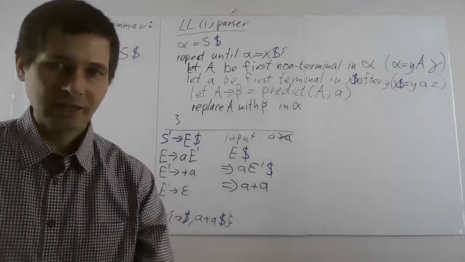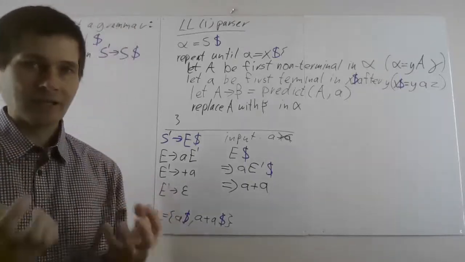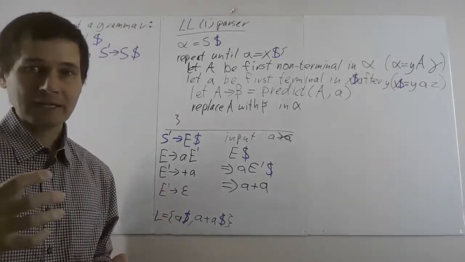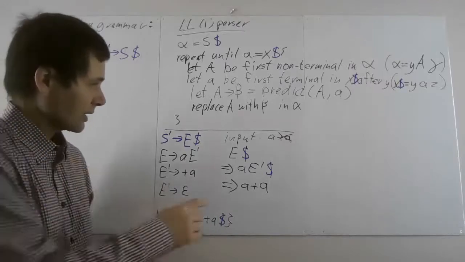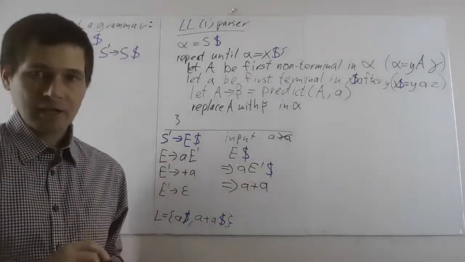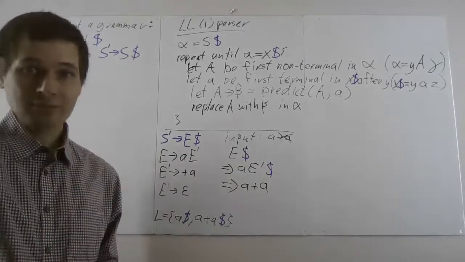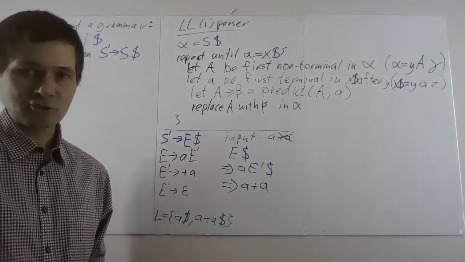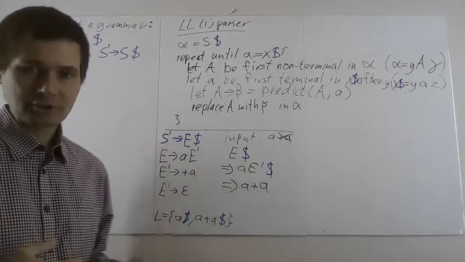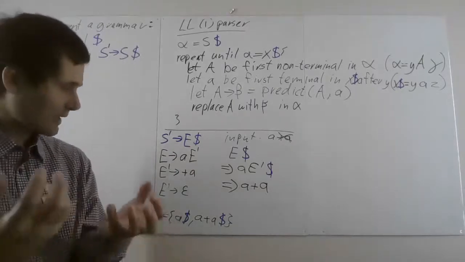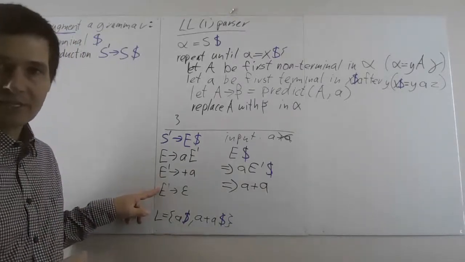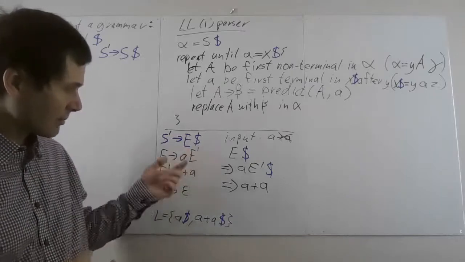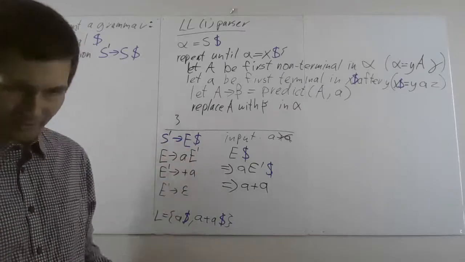Basically, predict needs to tell me, if I need to turn an E prime into a $, into the end of the string, which production rule should I use? Because I'm trying to find the end of the string, I should use the second one that turns the E prime into epsilon.